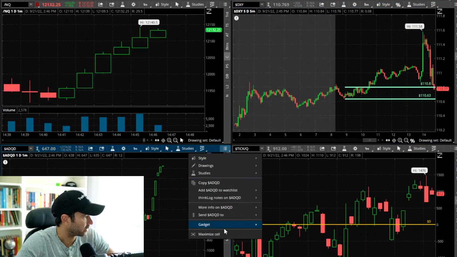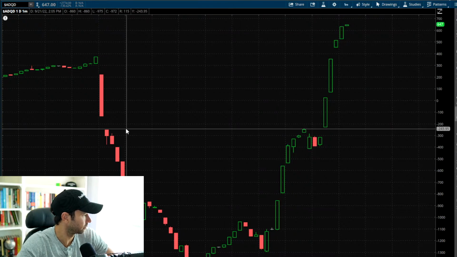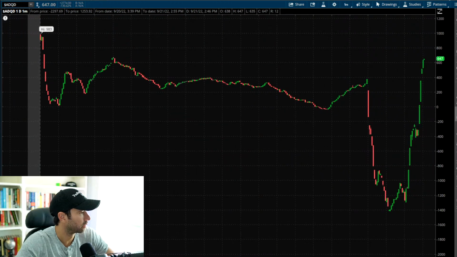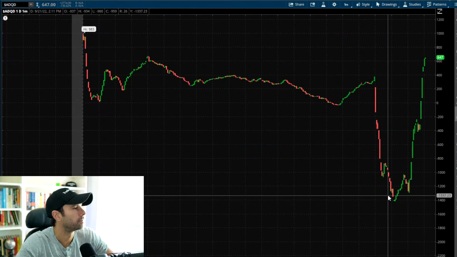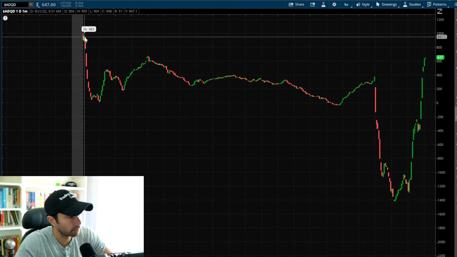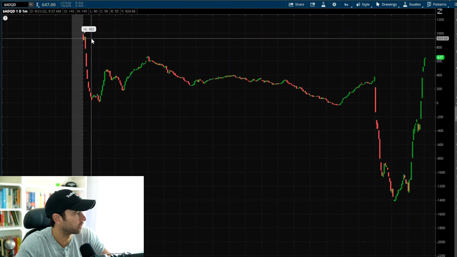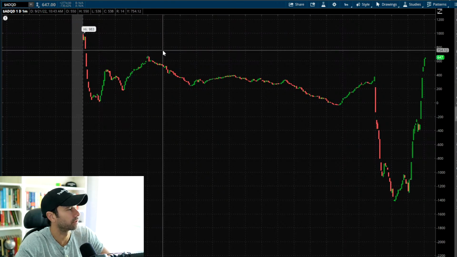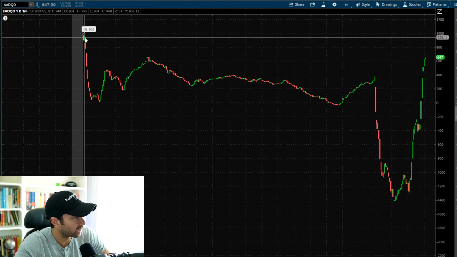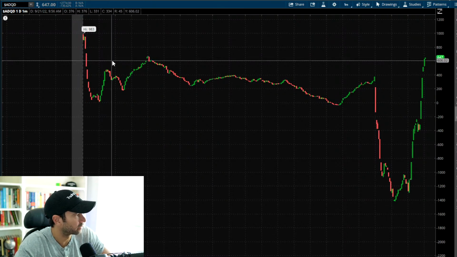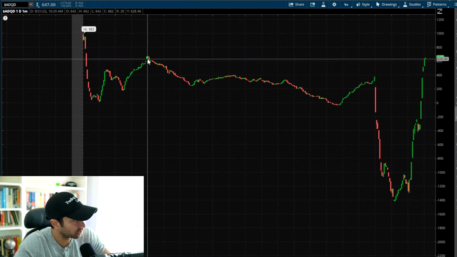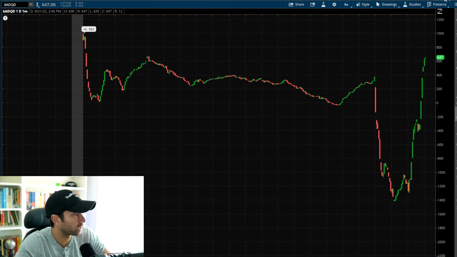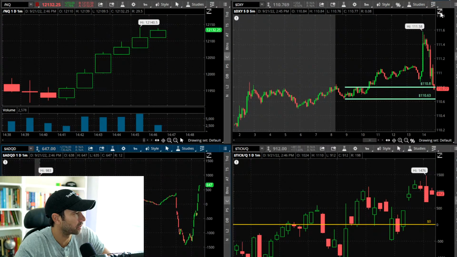I want to maximize this. Let me scrunch this chart. All right, so here's another thing that I could check. Like I could check mark this thing. So this is the high for the open. The session high right here was at 10:30. So I want to go to the NQ and see what happened at 10:30.